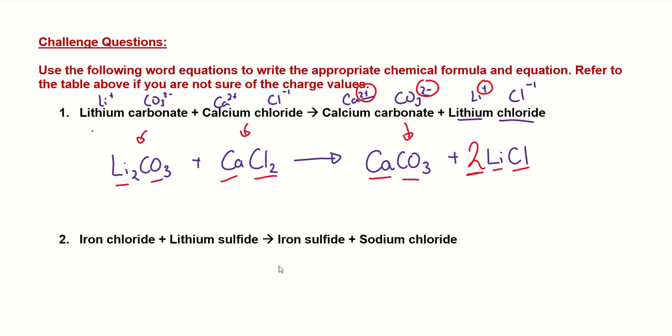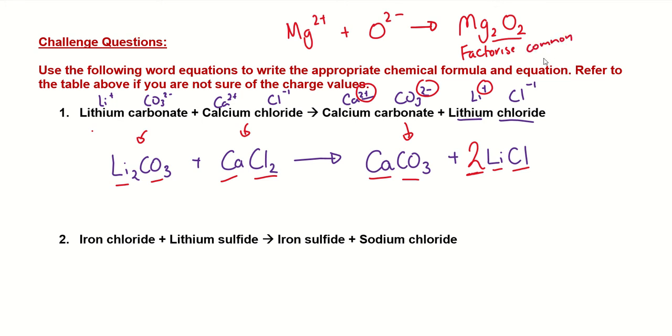And just remember, if an example where the charges are the same, so magnesium 2 plus, and then we have oxygen 2 minus, technically you could write it as Mg2O2, but we try and factorize it to the common factor, common numerical, and so we just write it as MgO instead usually. Okay, so that's what you have there.